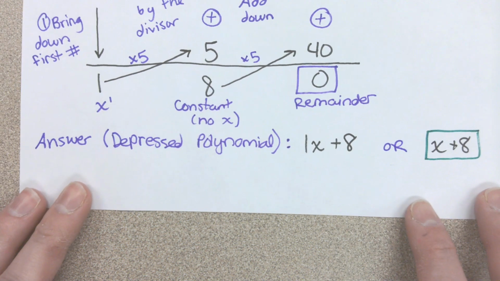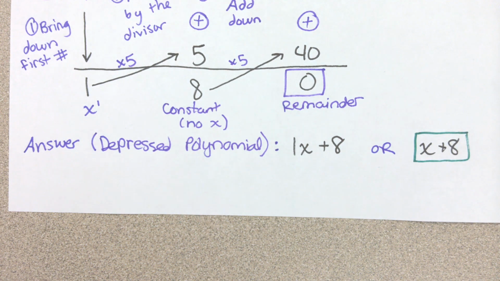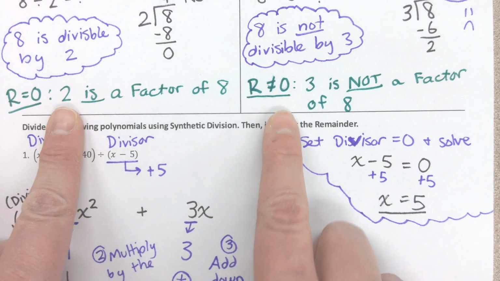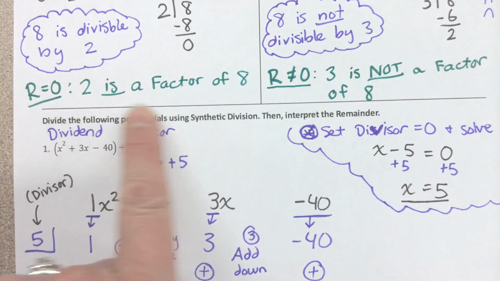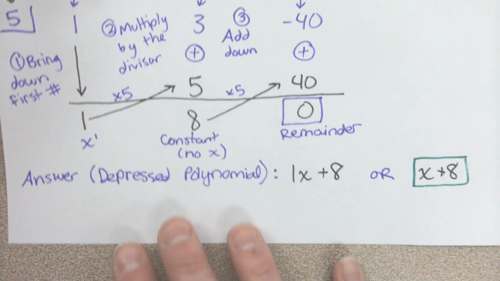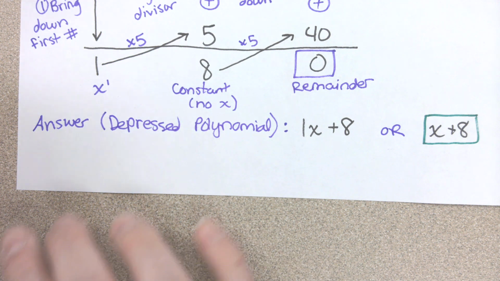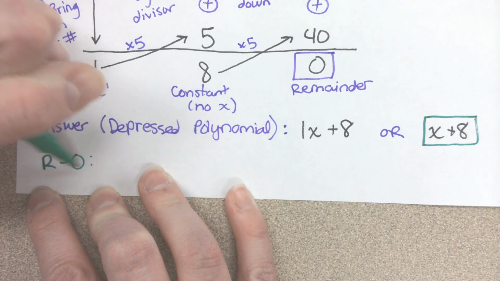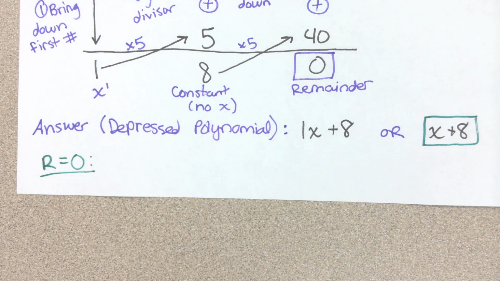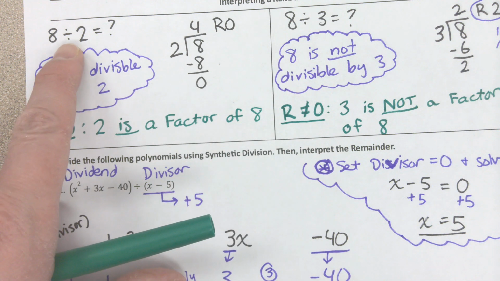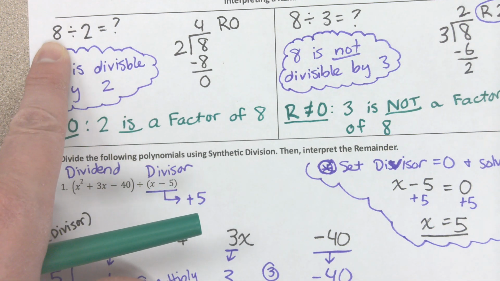So this is the first part of the problem. We've divided, we've found the answer after synthetic division, then interpret the remainder. So we need to make one of these two statements. We did not have a remainder, so we're going to write this. R equals 0. Now, when we did this earlier, we said that 2 is a factor of 8. The divisor is a factor of the dividend.